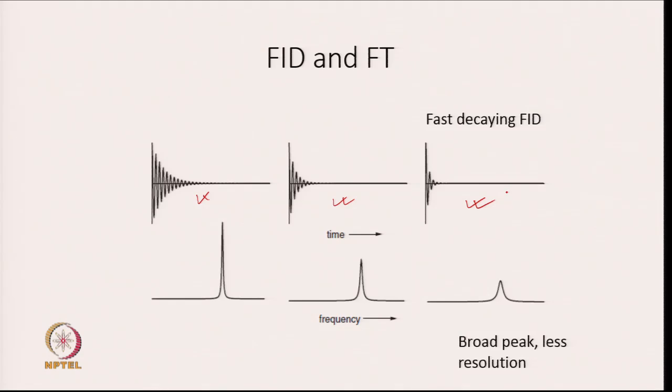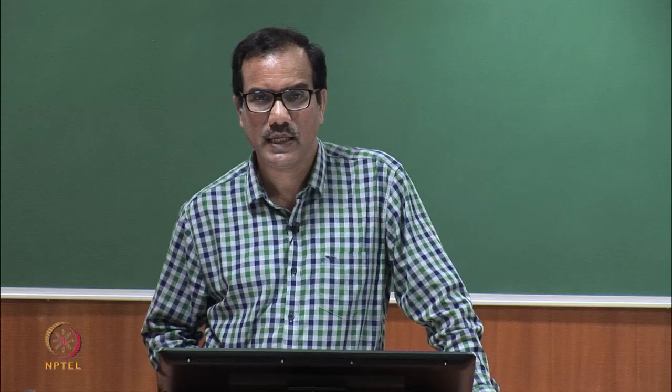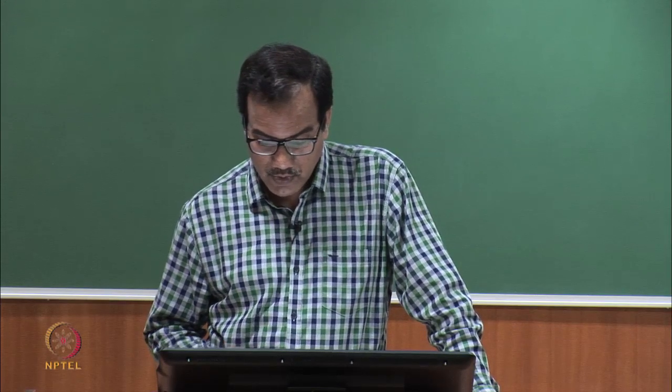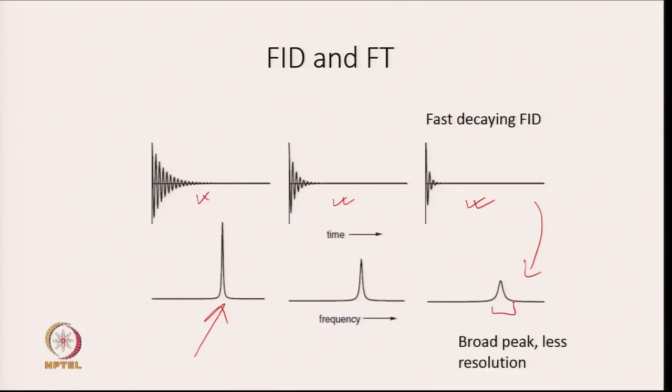If you do Fourier transformation, you will get a very sharp line for the FID which is decaying slowly, whereas Fourier transformation of a fast decaying FID will give a broad peak. I have already explained in my initial lecture why that happens, and that has to do with the Heisenberg uncertainty principle. So, a broad peak is obtained for a fast decaying FID, whereas a sharp peak is obtained for a slow decaying FID.